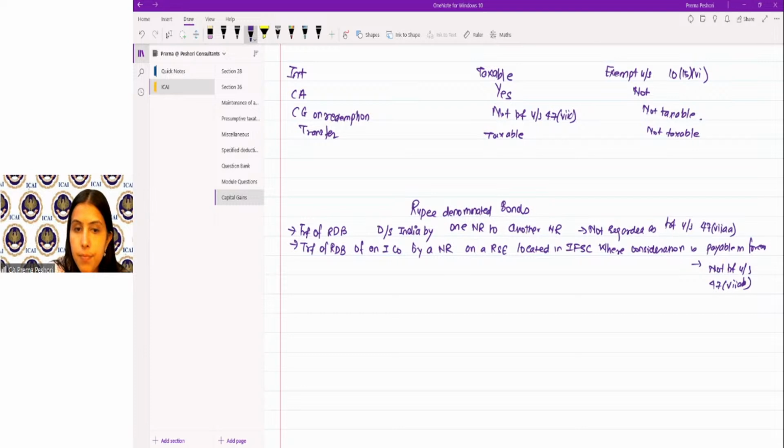Clear? That will not be regarded as transfer under 47(7)(a)(b).